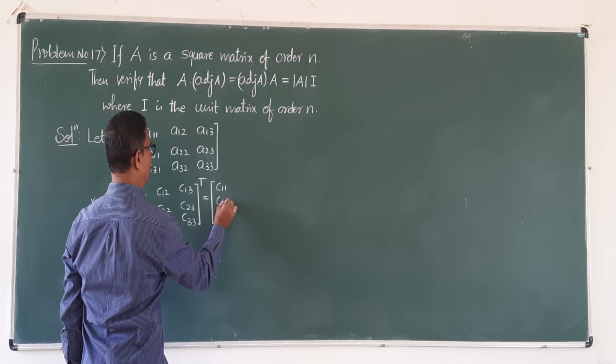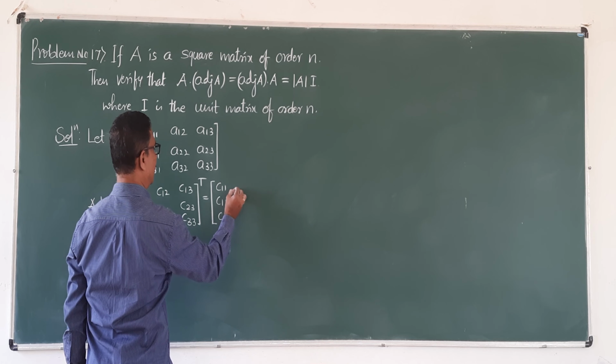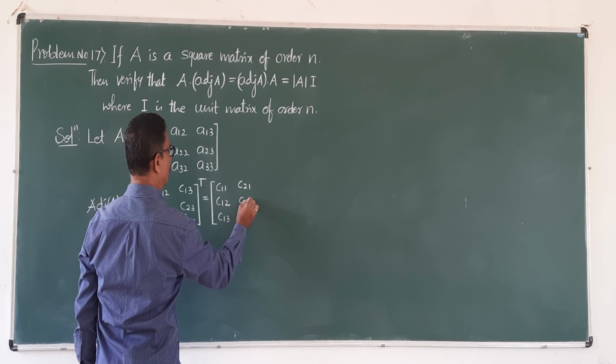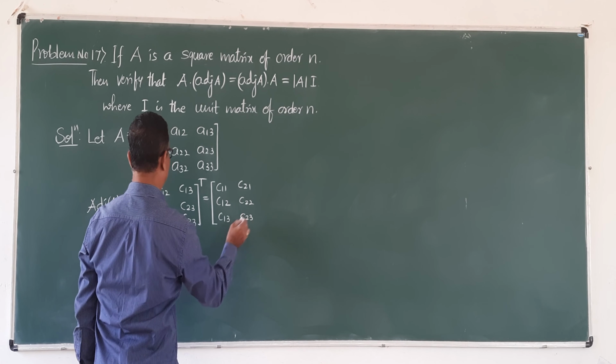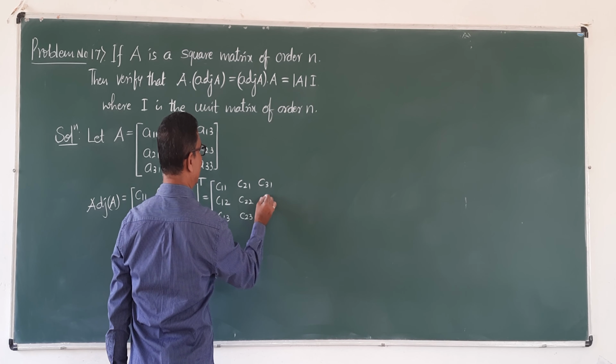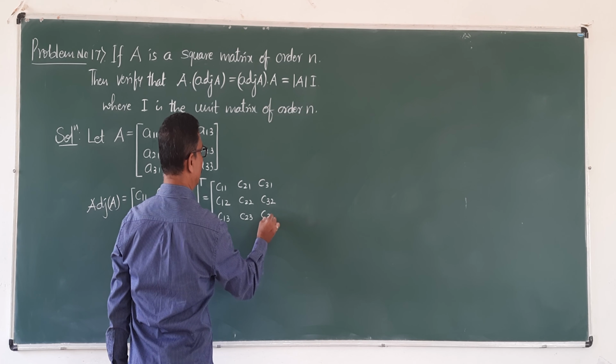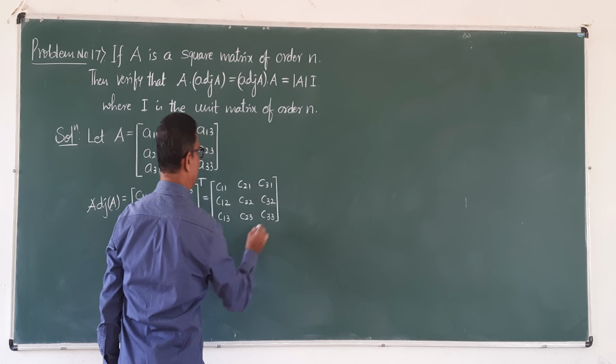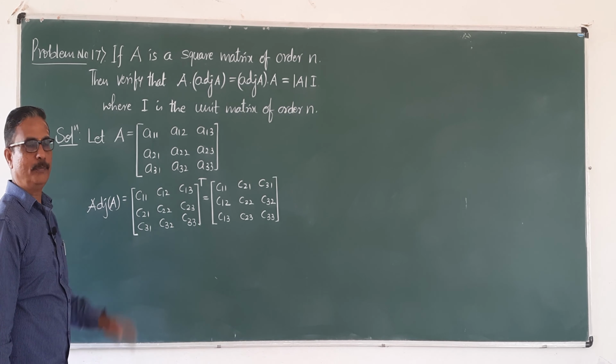First column C11, C12, C13. Second column C21, C22, C23. Third column C31, C32, C33. This is the transpose. This is the adjoint of the matrix.